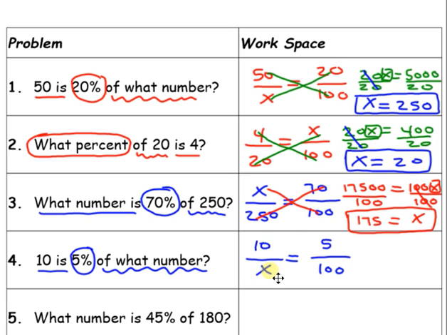All right, let's go ahead and cross multiply. X times 5 is 5x equals 10 times 100 is going to be 1,000. We're going to box the variable, divide by 5, that's what it's attached to, and we're going to do 1,000 divided by 5 also. Our 5s are going to cancel out. We're going to get x equals, and 1,000 divided by 5 is going to be 200.